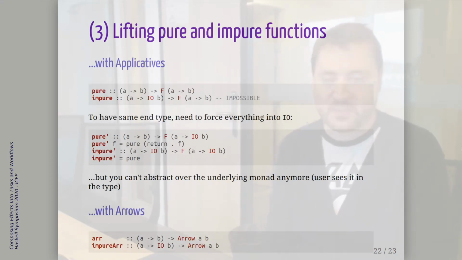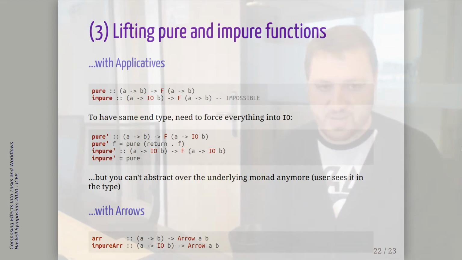And finally, the last reason why we are not using applicative functors is that when you factor in I/O or any kind of monadic effects, it sort of breaks the abstraction, because with applicative functors, if you represent your task that way, then you cannot lift I/O or impure functions. It's not possible to convert that function type into that type.